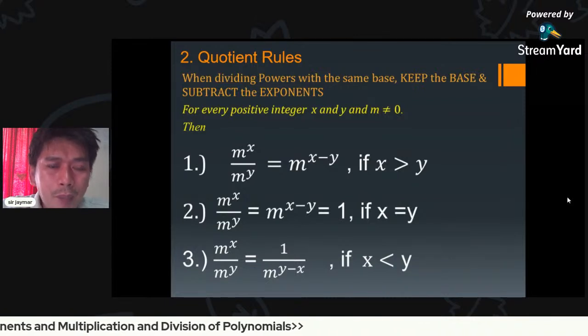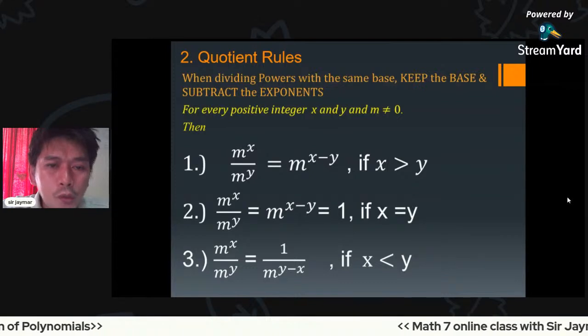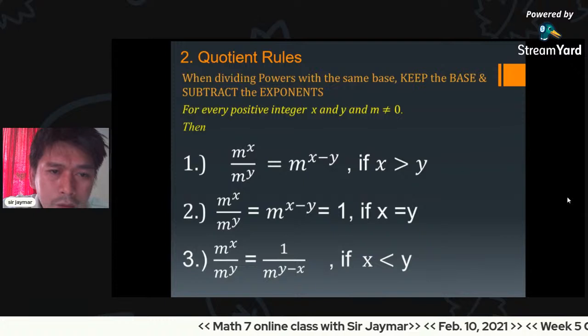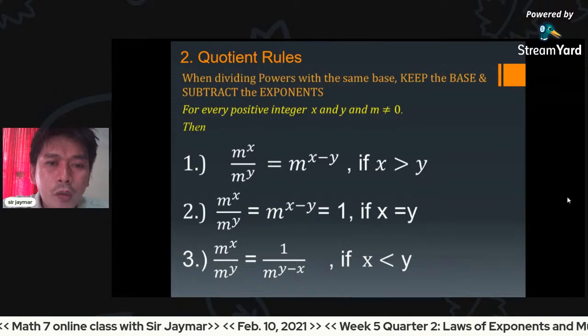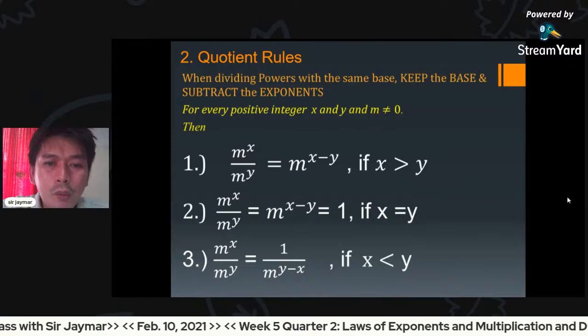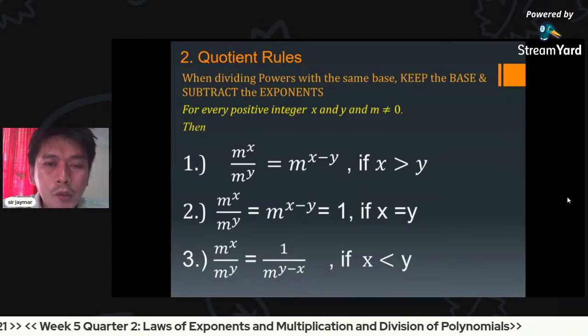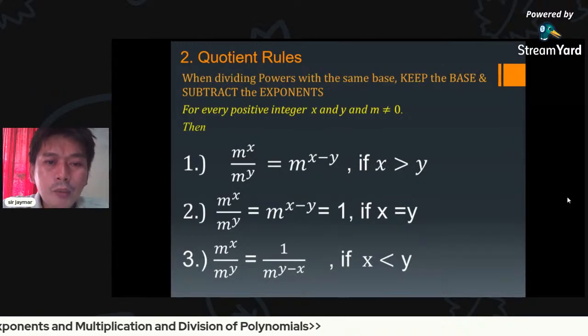In problem number 2, if x and y have the same value, you subtract the exponent of your denominator, y, from the exponent of your numerator, x. So m raised to x minus y becomes m raised to 0. When you subtract the same number, your exponent becomes 0. Any number raised to 0 equals 1.